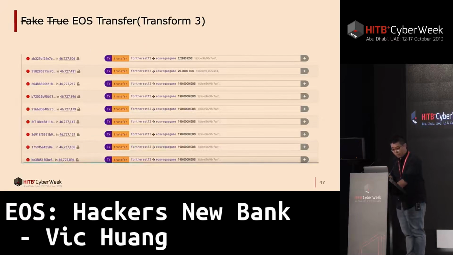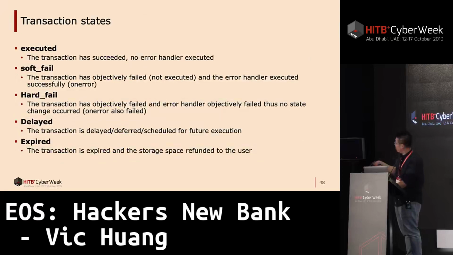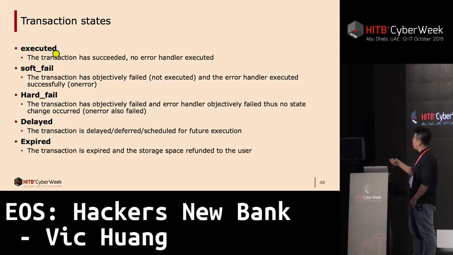The next one is another attack in 2019. Before we talk about the attack, we have to explain the transaction states. As we mentioned, we can force it to roll back, but there are several kinds of failures that make it roll back.